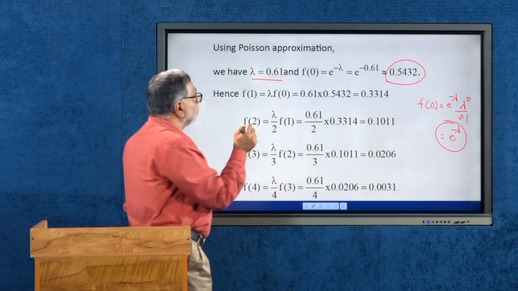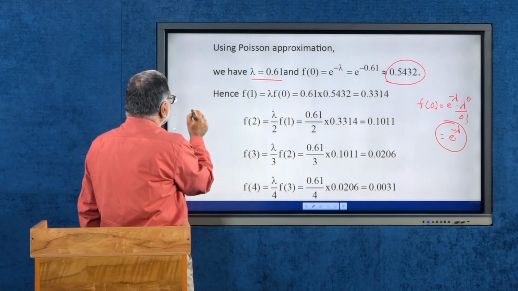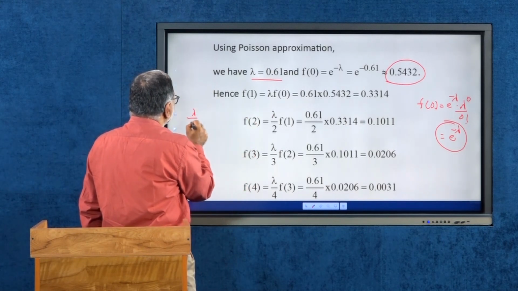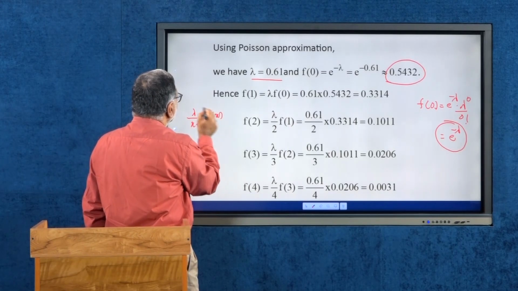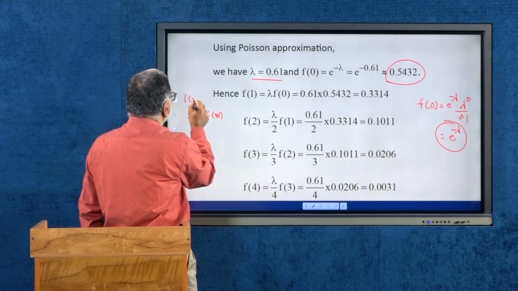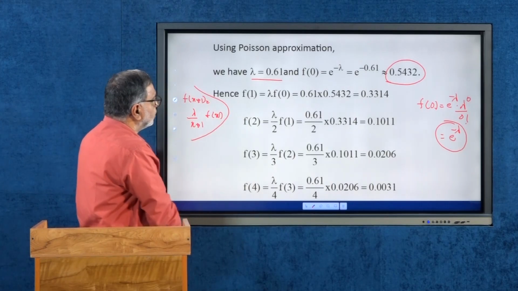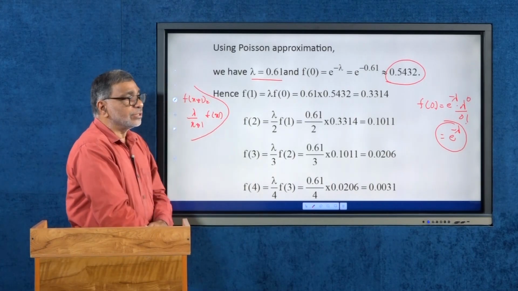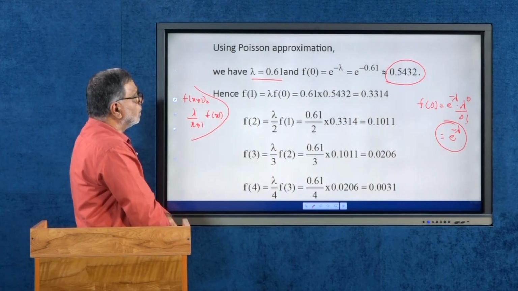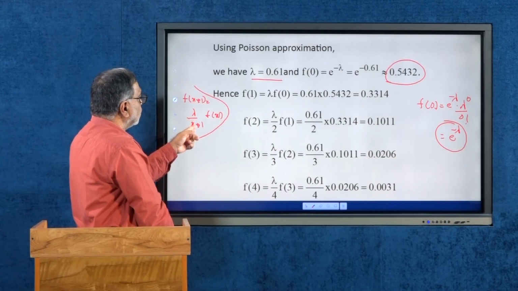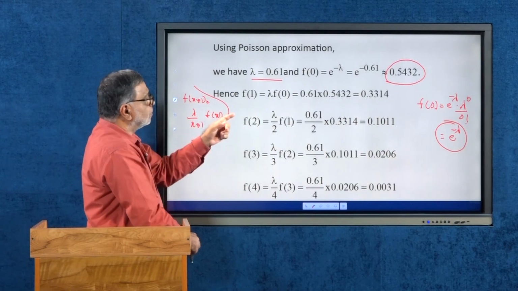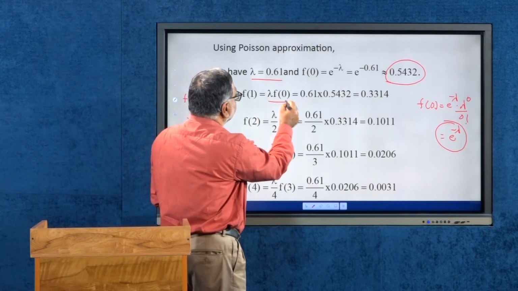The recurrence relation is f of x plus 1 equals lambda divided by x plus 1 times f of x. On the basis of this recurrence relation, you find f of 1. F of 1 is equal to lambda divided by 1 times f of 0. So, lambda times f of 0 is our f1.